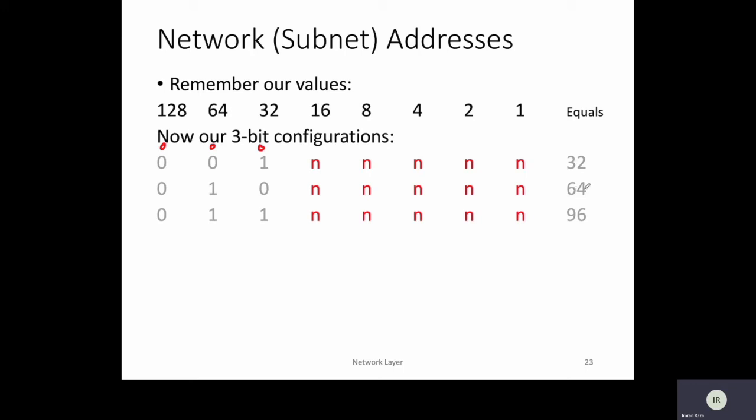Again, I add 32 to 64, and I get the next value, which is 96. Adding 32 to 96 gives me the next value, which is 128. We can also see it by applying the combination 100. This means bit number 128 is on, and the value of the last octet would be 128.